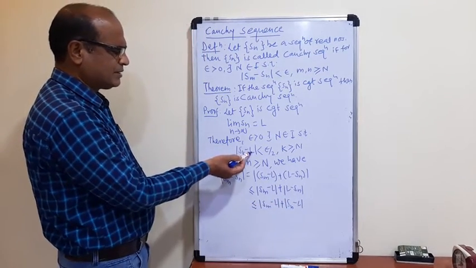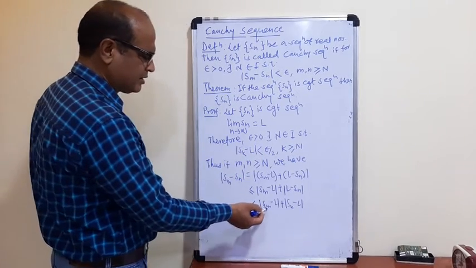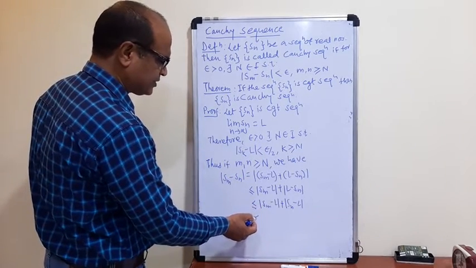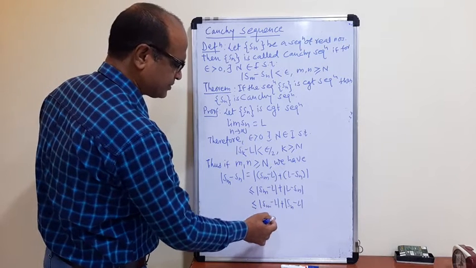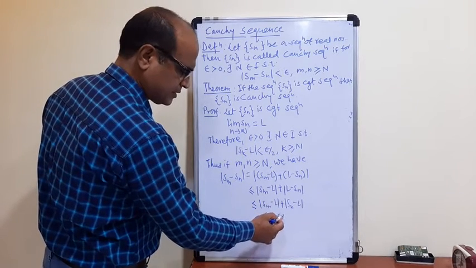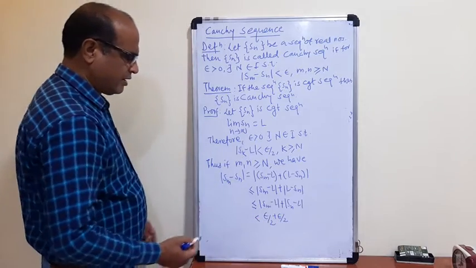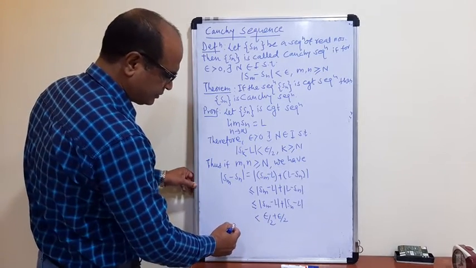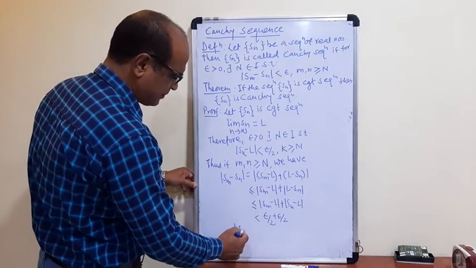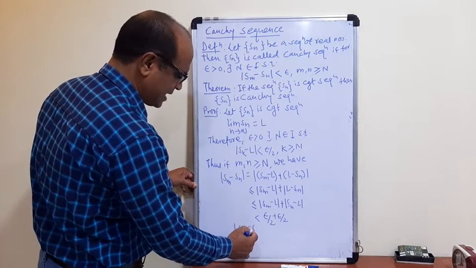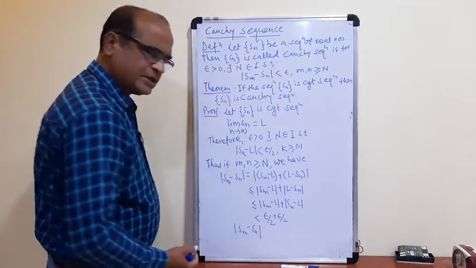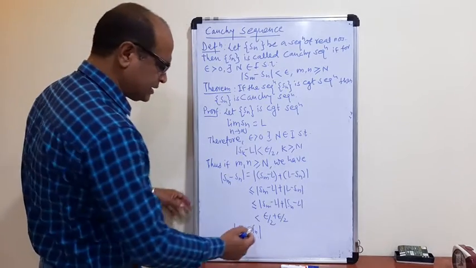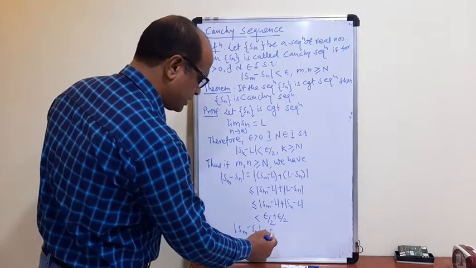Sk minus L is strictly less than epsilon by 2. Therefore, mod of Sm minus Sn is less than epsilon by 2 plus epsilon by 2, so that is less than epsilon.